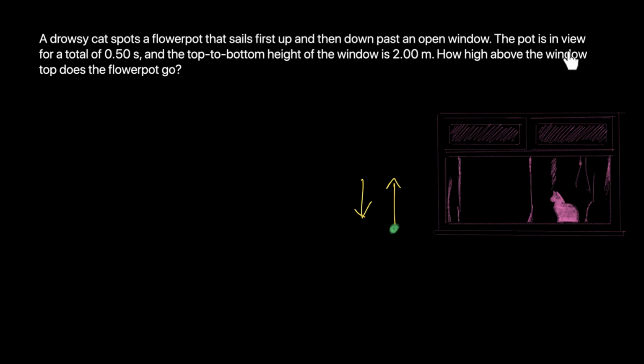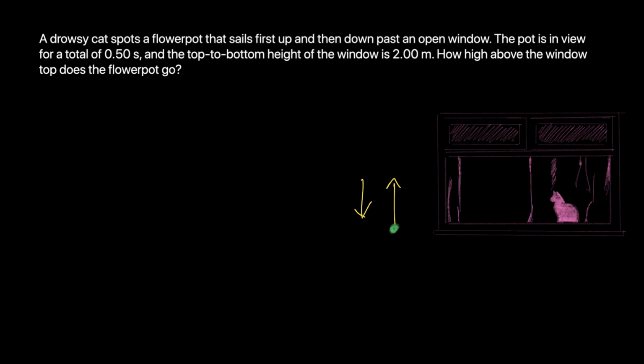The pot is in view while it's going up, so the cat can only see whatever is in view. It is only there for half a second, and the top to bottom height of the window is 2 meters. So this height is 2 meters long, and the pot goes like whoop, right? How high above the window top does the flower pot go?